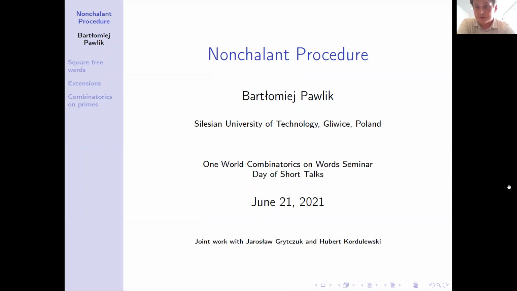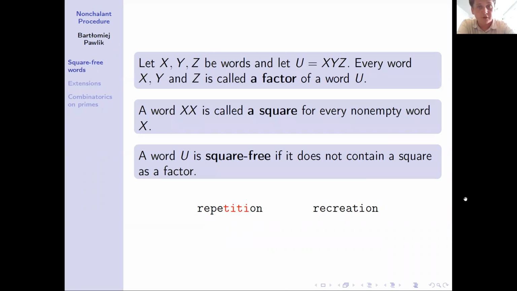So let me start with some definitions. Let X, Y, and Z be words, and let U be a word which is a concatenation of X, Y, and Z. Every word X, Y, and Z is called a factor of the word U. If we concatenate a word with itself, then the concatenation is called a square.